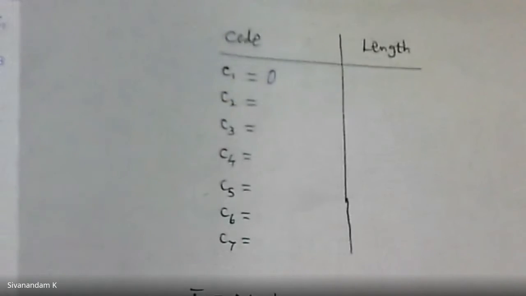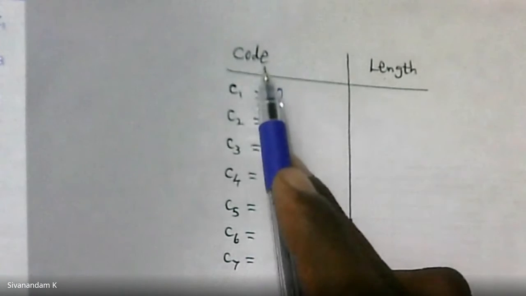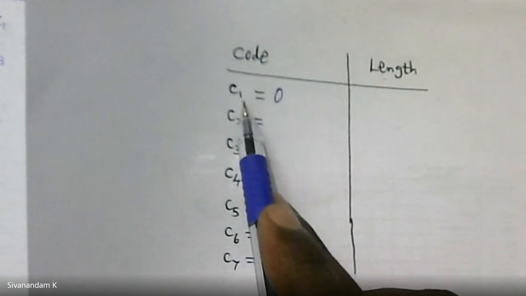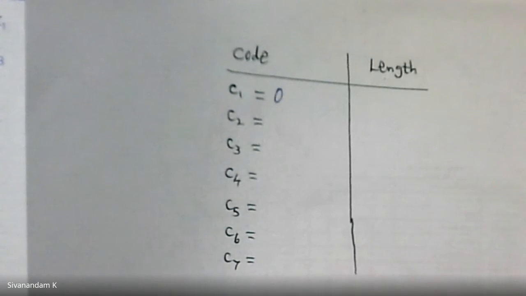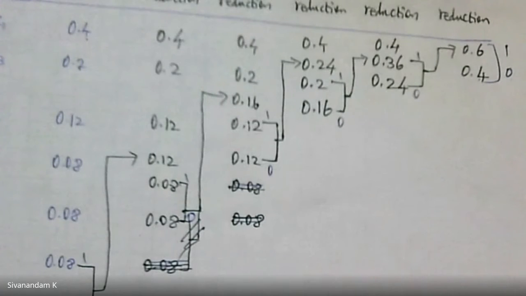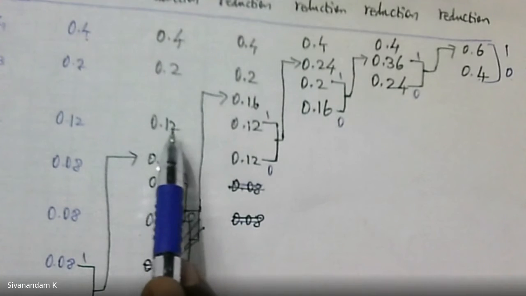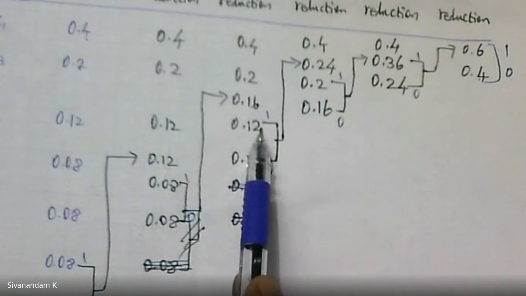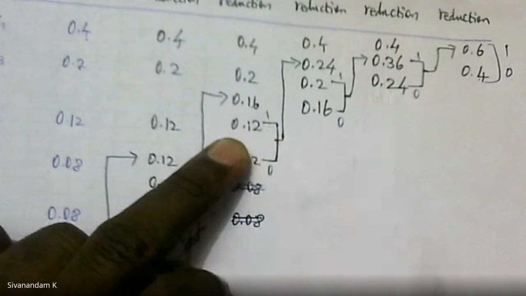So now use the two column tabulations. First column carries the code and second column is length. So first message code is assigned as C1, that is equal to 0. Binary value 0. Next message 2, that is x2. Here x2 equivalent probability is 0.12. So the first reduction appears in the second reduction, that is 1.